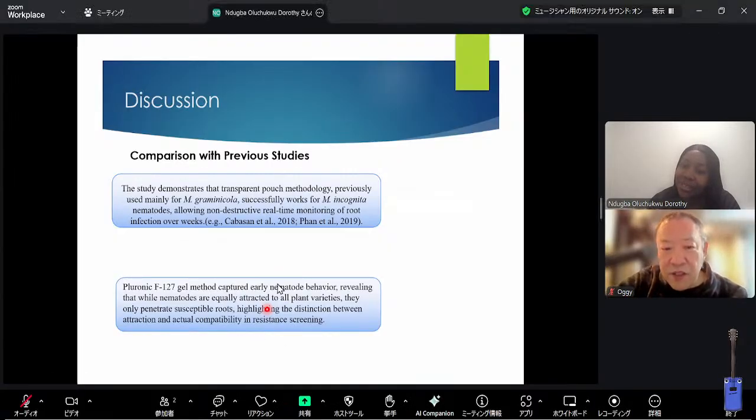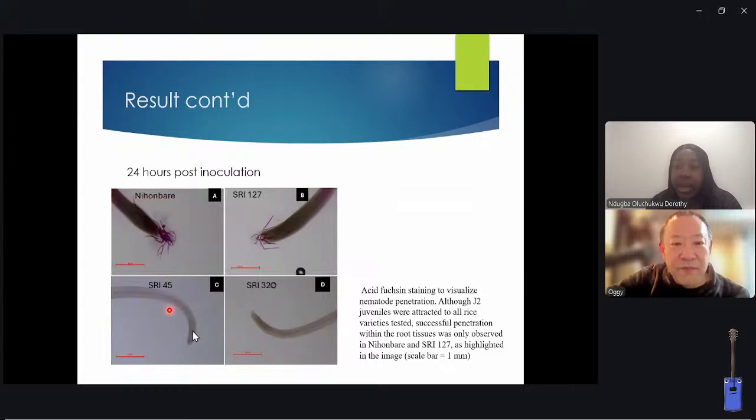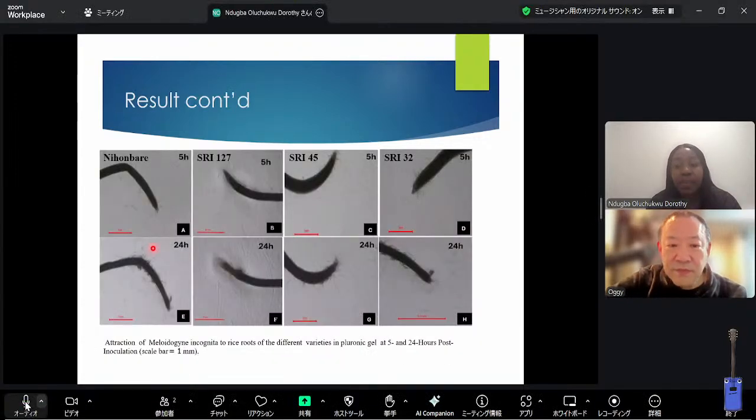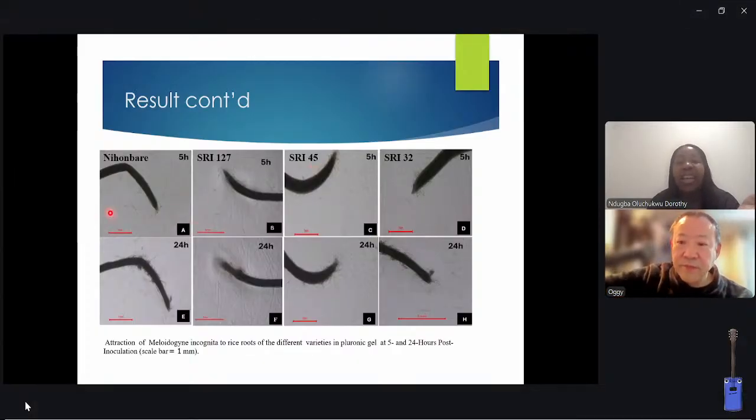Okay. Well, I don't understand this sentence at all. I can't hear you, you're on mute. So I do not understand this sentence. So what I'm saying here, I explained previously. During the 5 hours, the nematodes were attracted to all the rice varieties.